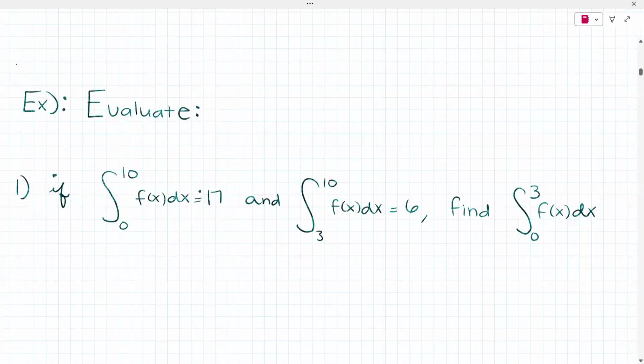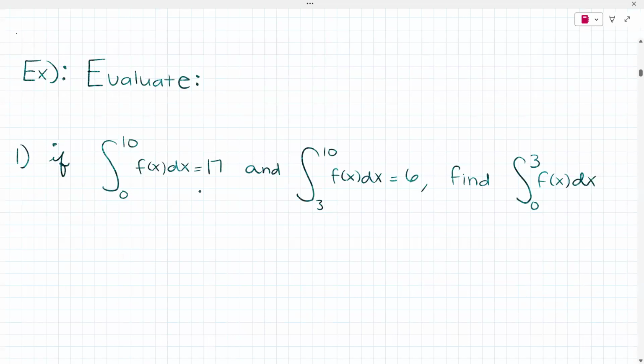Number 1 says evaluate. If the integration from 0 to 10 of f of x dx equals 17, and the integration from 3 to 10 of f of x dx equals 6, find the integration from 0 to 3 of f of x dx. So we have to go from 0 to 10, right? They don't give us an equation, that's fine.